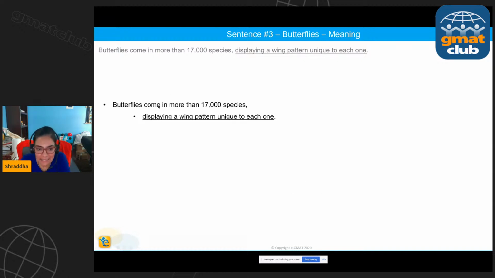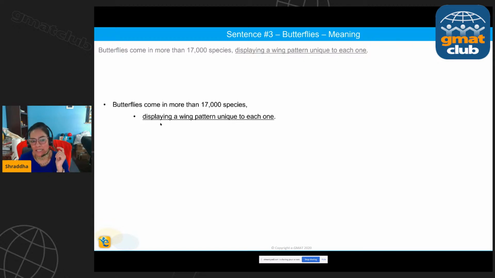Now, the sentence, the way it is written, it is saying that butterflies come in 17,000 species, right? And then it says that because they come in more than 17,000 species, each species probably displays a wing pattern unique to each one.